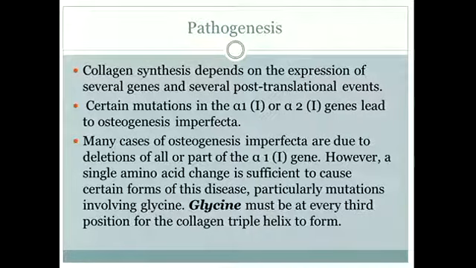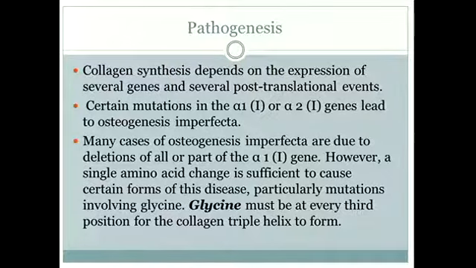We have to have genes that are appropriate and able to express a protein and so forth, to be able to have an actual collagen filament that can then provide what we need in the bony structure. Certain mutations in the alpha and the beta genes of collagen type 1 are where we see issues with osteogenesis imperfecta in these patients.